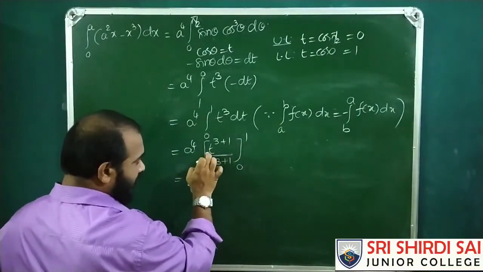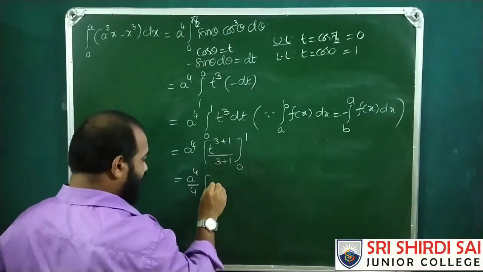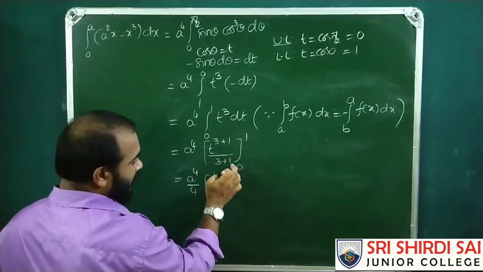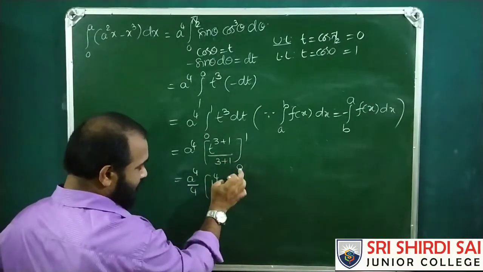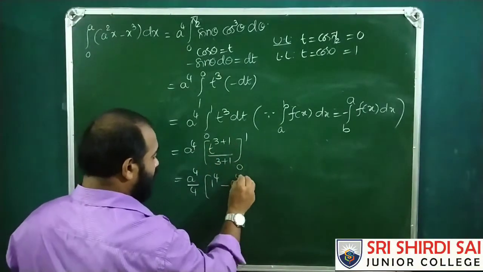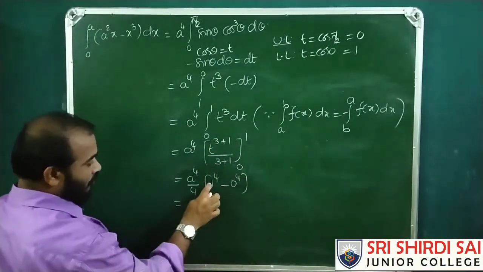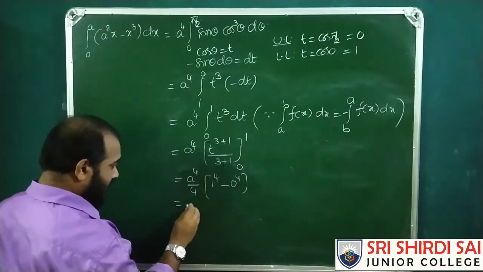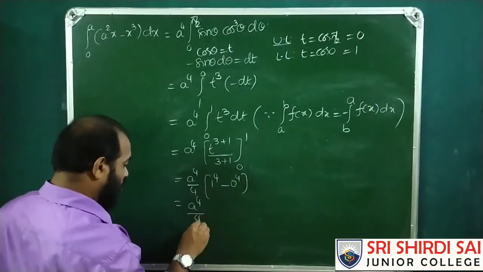In the place of t, substitute upper limit 1. So 1 power 4 minus, in the place of t, substitute the lower limit, 0 power 3 plus 1, so 4. So 1 power 4 is 1 minus 0, totally this is 1 into this, a power 4 by 4.